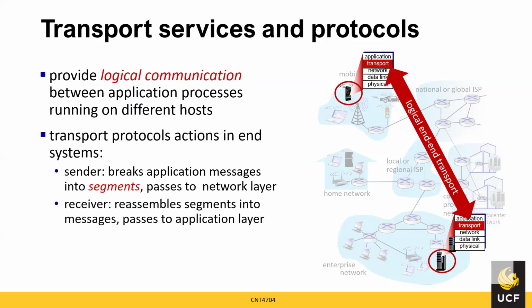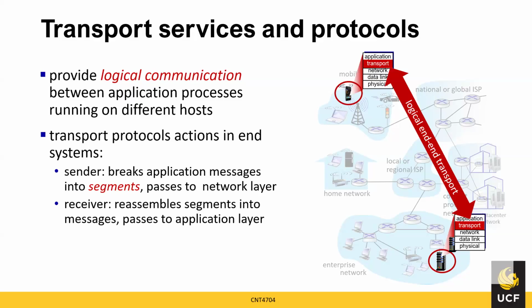How does it work in practice? We know the foundational idea of the transport layer now, and we want to understand how it works. When we want to understand how it works, we talk about two things: the sender and the receiver, or the client and the server. On the sender side, we are using the application.